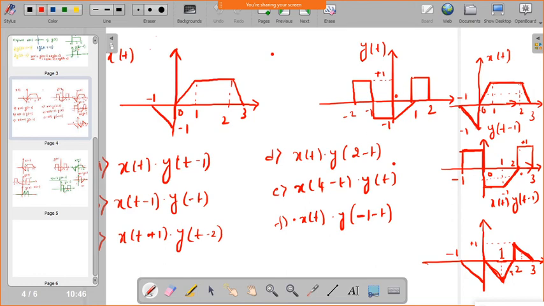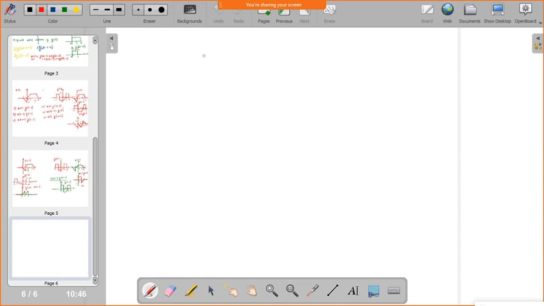You have to do this very carefully, y of 2 minus t. Anyhow x of t as it is will be there. This is your x of t.